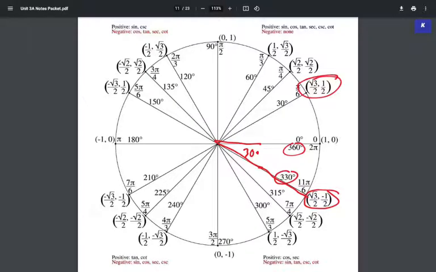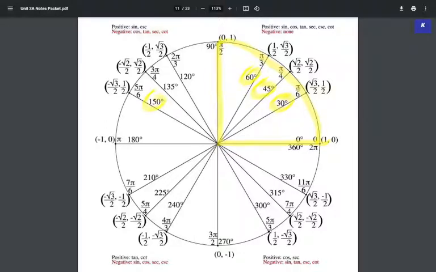So really all you have to remember for the unit circle is this quadrant right here, which is why we drew that on that other page, because all of these reference angles are going to correspond to these angles over here. So for example, this 150 degrees has a reference angle of 30 degrees. So it's going to use those same ordered pairs that the 30-degree angle uses over here.